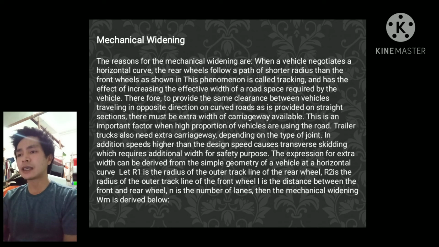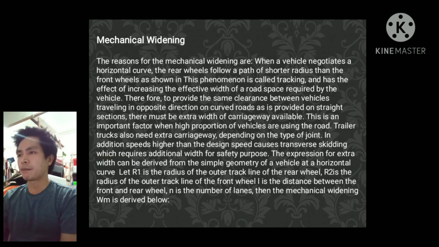Let R1 be the radius of the outer track line of the rear wheel, R2 the radius of the outer track line of the front wheel, l the distance between the front and rear wheel, and n the number of lanes. Then the mechanical widening Wm is derived below.